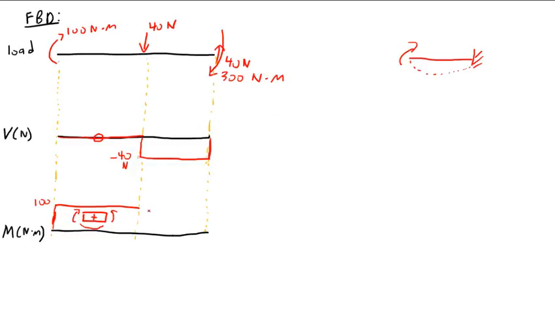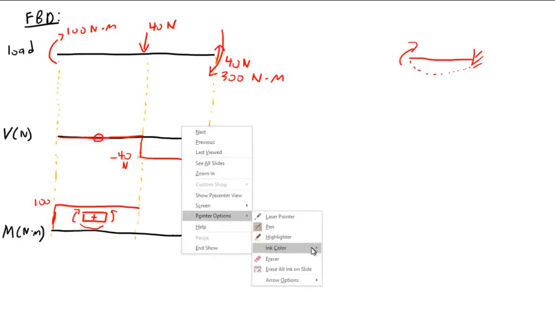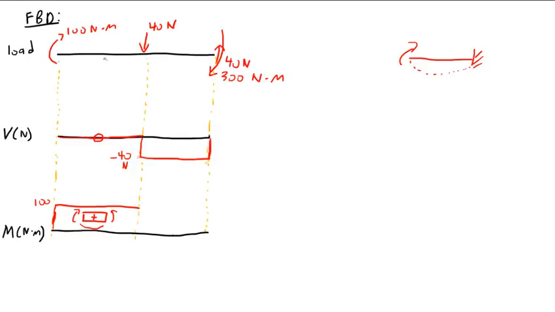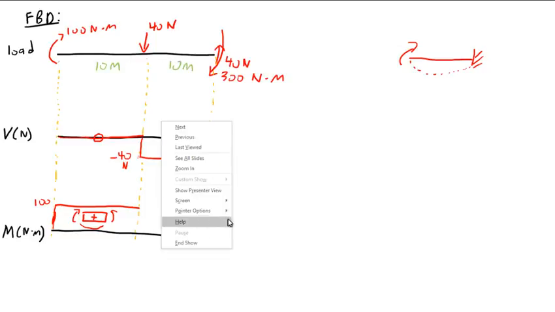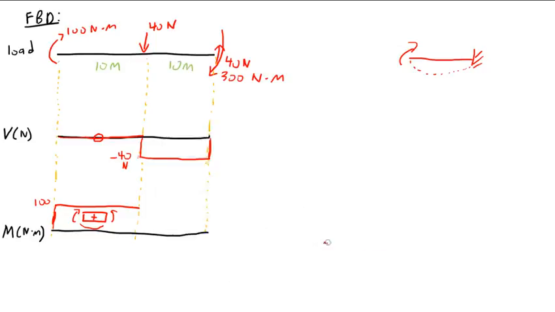Okay. So then, from here to here, the dimensions are 10 meters and 10 meters. Let me go ahead and label that, 10 meters. And this area here is going to be 10 meters times negative 40 newtons, so a total area of negative 400 newton meters.